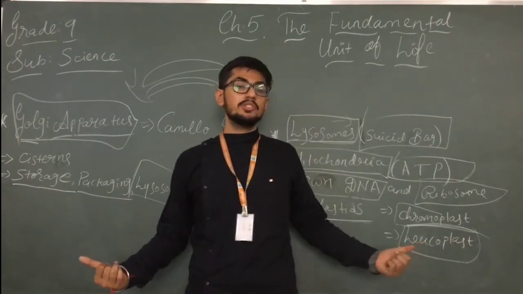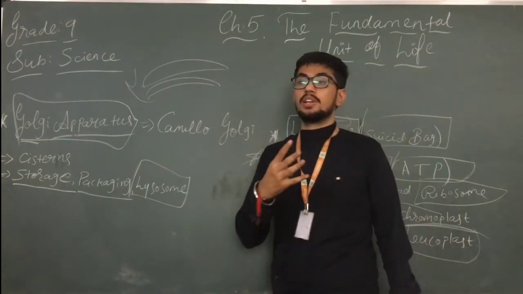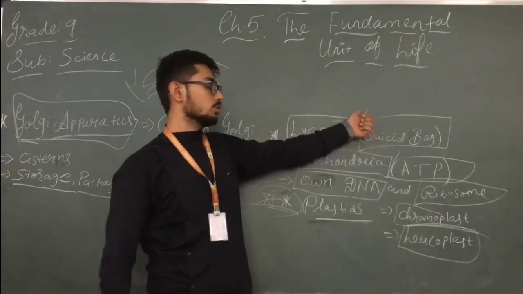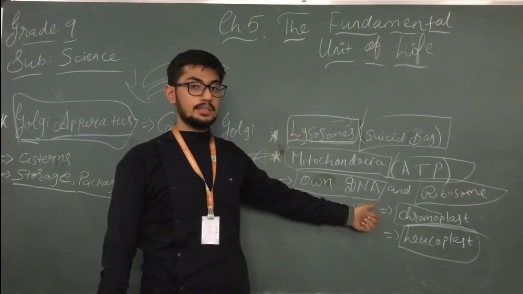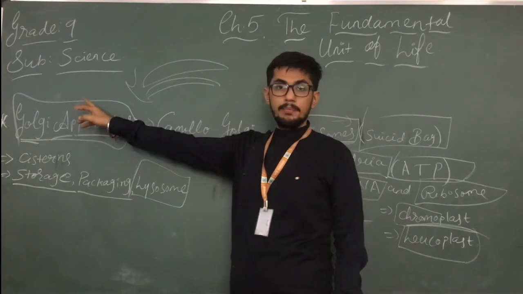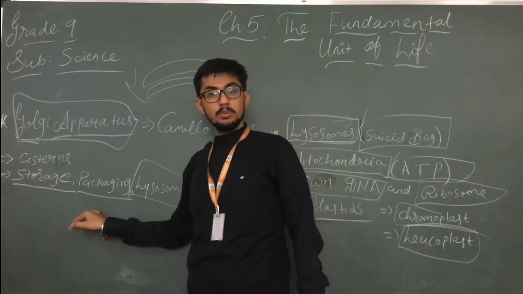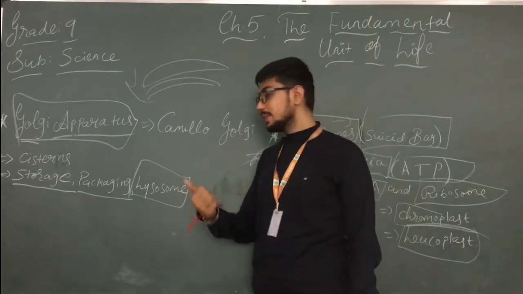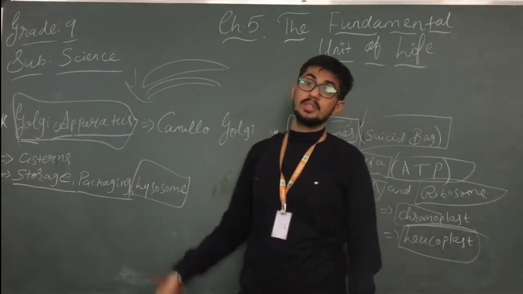What we have seen in this video, we have seen about four organelles: Golgi apparatus, after that lysosomes, mitochondria, plastids. Golgi apparatus takes the proteins from ER, the endoplasmic reticulum, modifies the proteins, stores the proteins, as well as makes the lysosome.